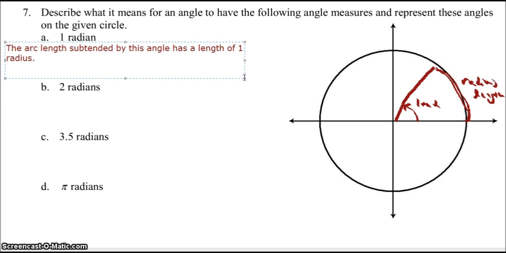The book uses some other weird language. They just note that this 1 radian subtends the length that is 1 over 2 pi of the whole circumference. If we take our whole circumference and divide it by 2 pi, then we get a radian.